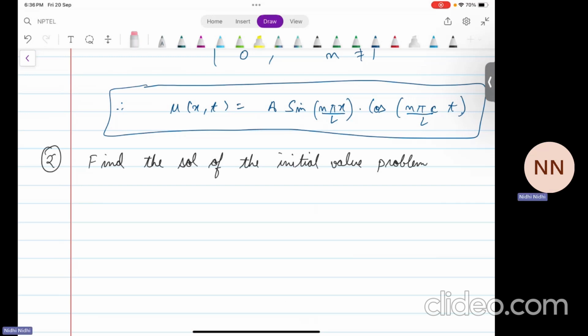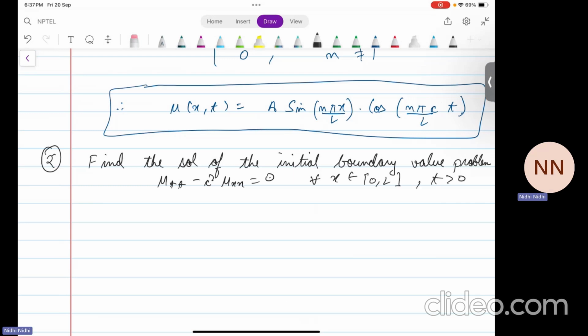Or we can write it as an initial boundary value problem, because we have initial values as well as boundary values. u_tt minus c square u_xx is equal to 0 for every x belonging to 0 to L. That means our string is of finite length, t positive, with the conditions u(L,t) is equal to 0 is equal to u(0,t).